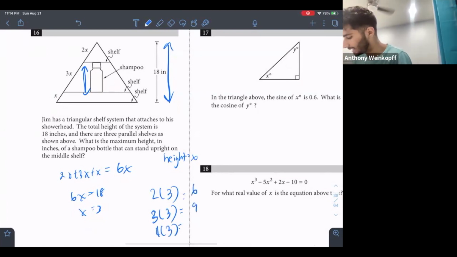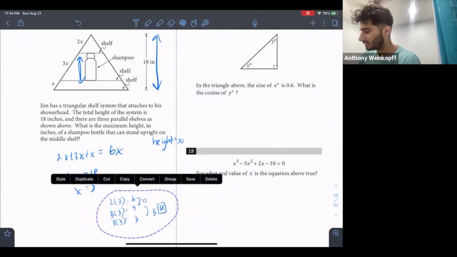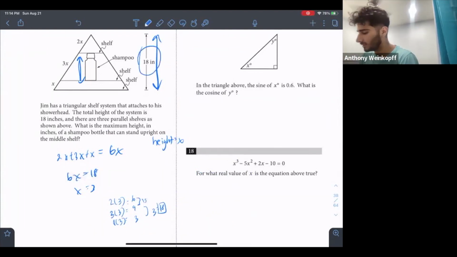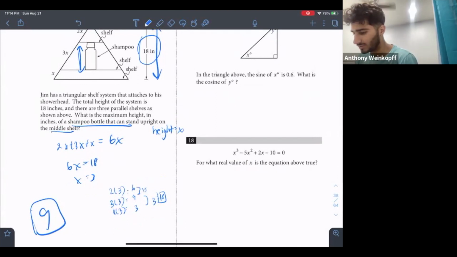So it'd be 6, 9, and 3. And 6 plus 9 is 15, and 15 plus 3 is 18. That makes sense with the height because it matches the total. So the maximum height of the shampoo bottle on the middle shelf is 3x, or 3 times 3, which is 9. So it'd be 9 inches.